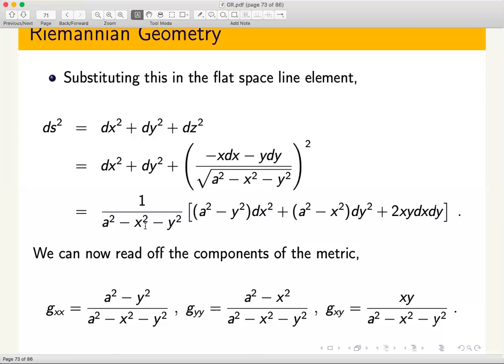But when you write that back in terms of the line element, the off-diagonal pieces appear twice, once as gxy and once as gyx. So whatever coefficient you get in the line element, the metric coefficient must be half of that. The factor appearing here is not 2xy upon a squared minus x squared minus y squared, but just xy times that quantity.